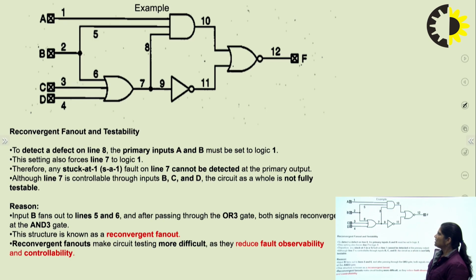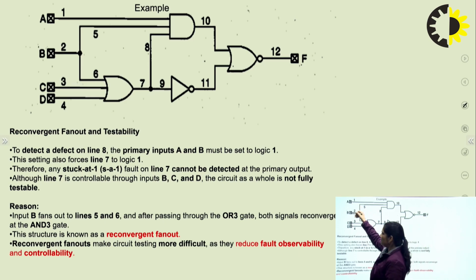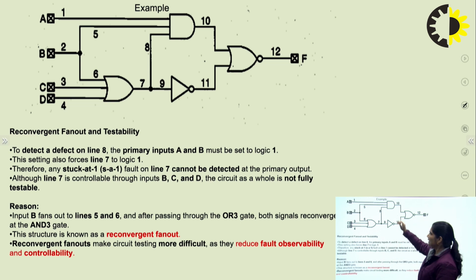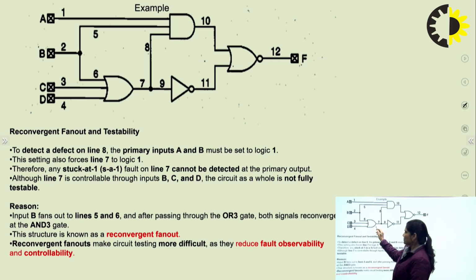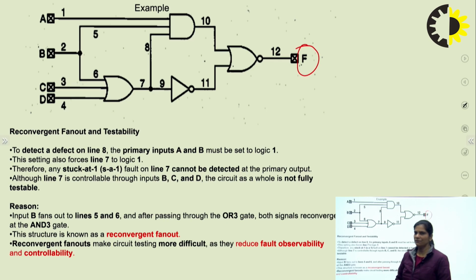In this circuit, these 4 gates are there, and A, B, C are the inputs. The output of the AND gate is at point 10, the OR gate output is at point 7, the NOT gate output is at point 11, the NOR gate output is at point 12, and finally we get the output F.